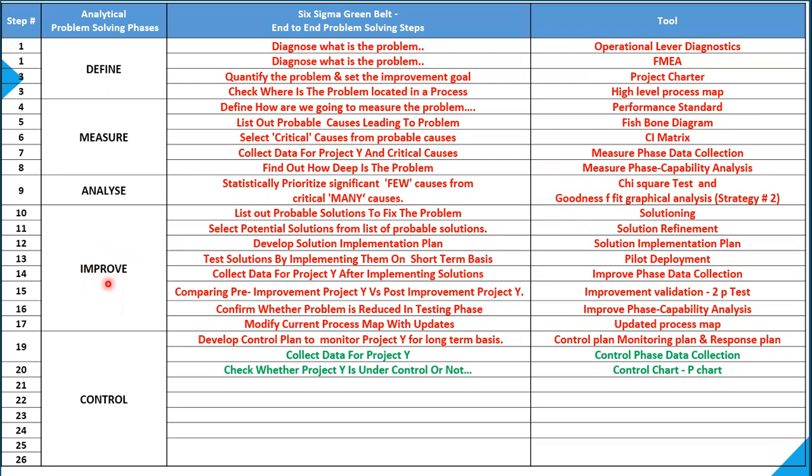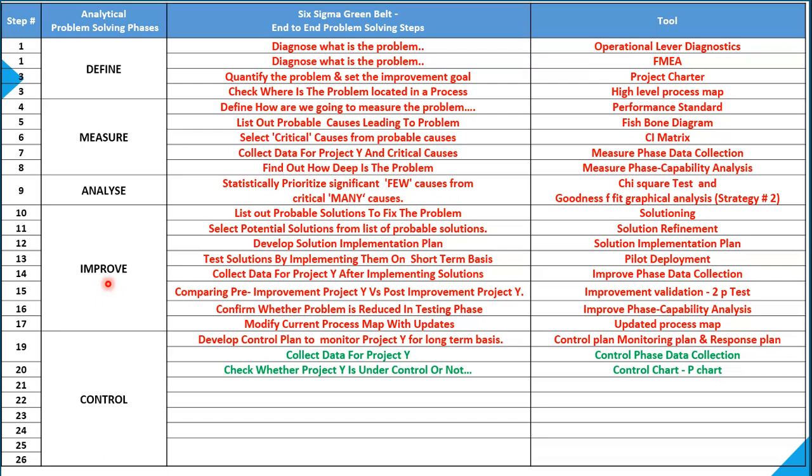All it indicates is, so we have the list of say 20-25 different probable causes. These 3 or 4 statistically significant causes we somehow found or segregated through statistical analysis.